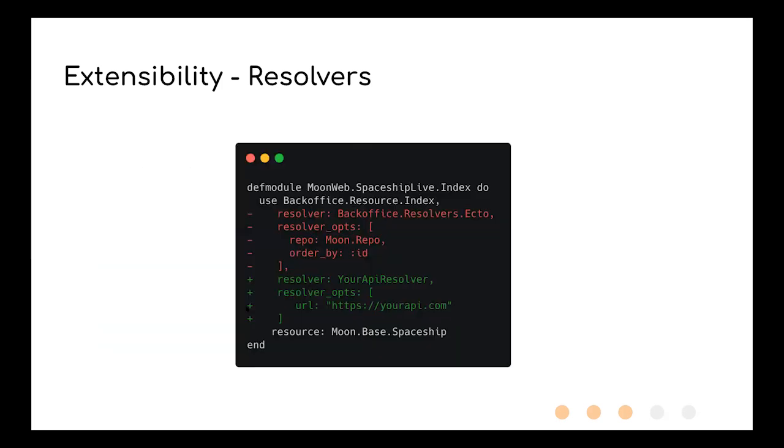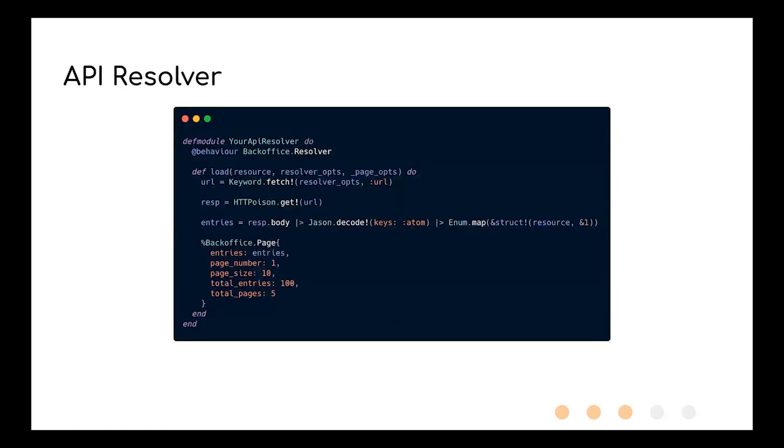For example, if you want to create an API resolver yourself, so you can decide where to fetch a specific resource, you can do that. All you have to do is change the resolver. You can pass in whatever you want as resolver opts, maybe some authentication tokens, your URL, and basically everything you need. And this is what an API resolver will kind of look like.